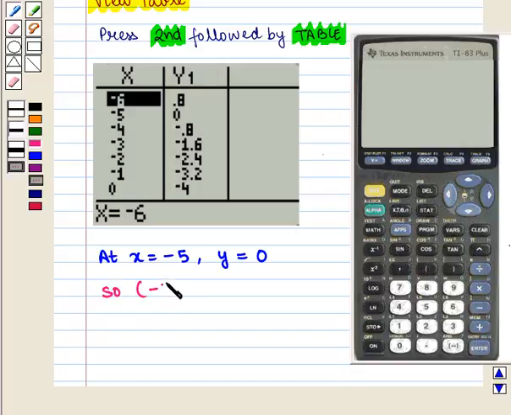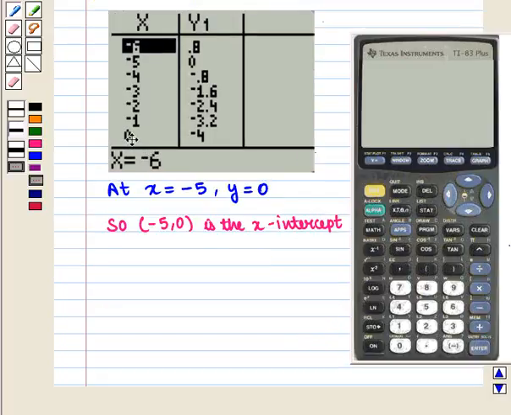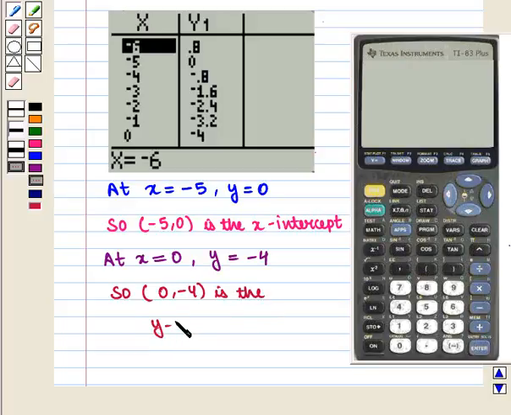So, the ordered pair -5, 0 is the x-intercept. See, when we scroll down further, at x is equal to 0, corresponding y value is -4. So, the ordered pair 0, -4 is the y-intercept.